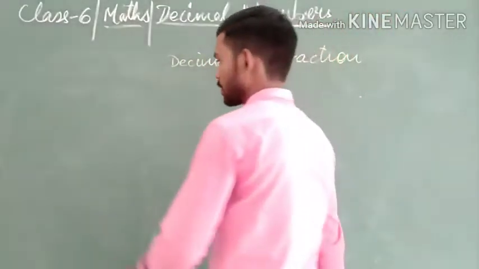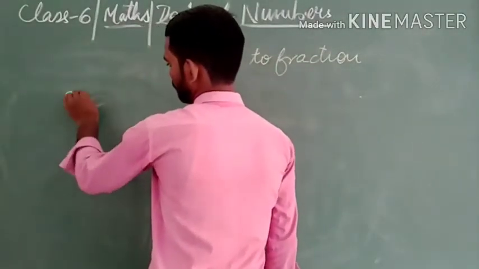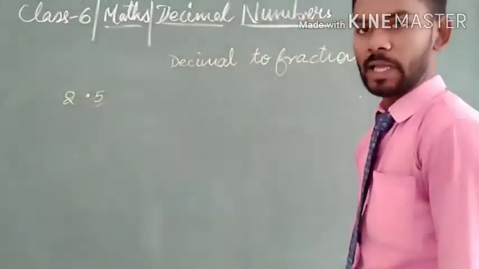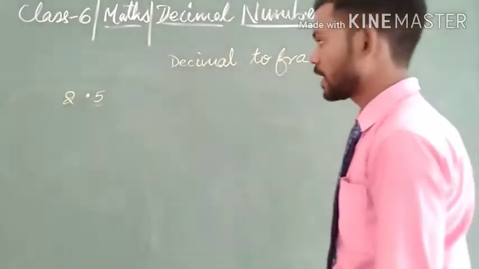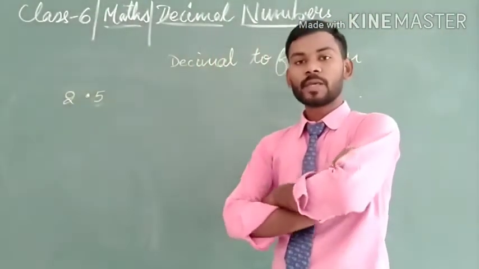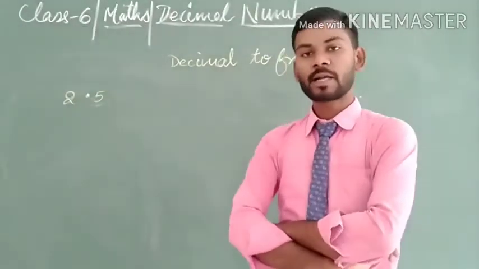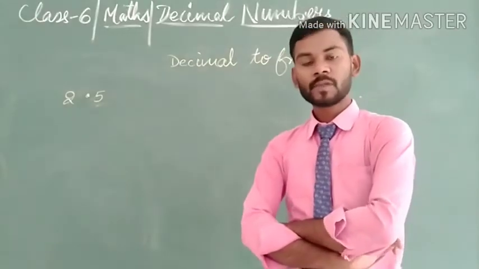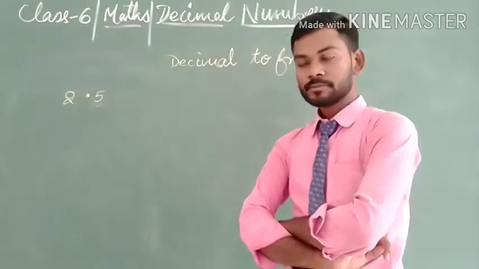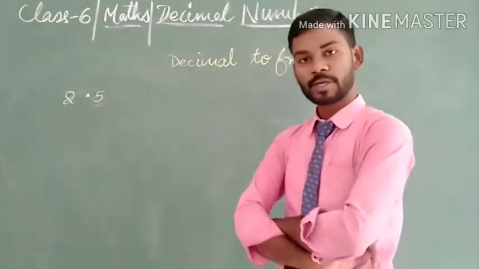If any decimal number is given, like 2.5, this is the decimal number, and we have to change it into a fraction. For this we have to find the number of digits on the right side of the decimal. The number of digits on the right side of the decimal will decide from which number we have to multiply.